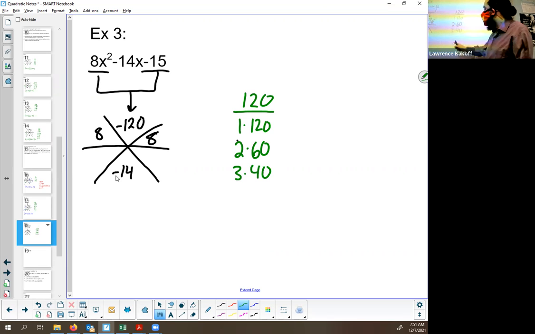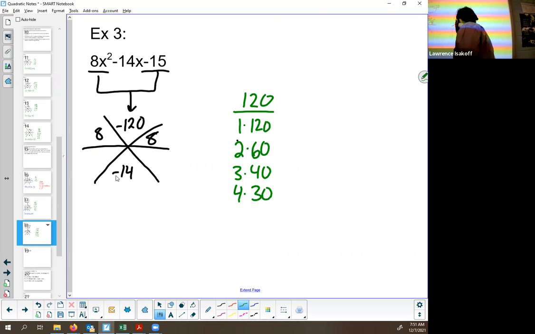Okay. I look at this number 40. 40 is divisible by 4, right? So what would 120 divided by 4 be? 30. So 4 times 30. Okay. Again, looking at some smaller numbers here, I think 5 should go into it because 5 goes into 30. It should also go into 120. 120 also ends in a 0.